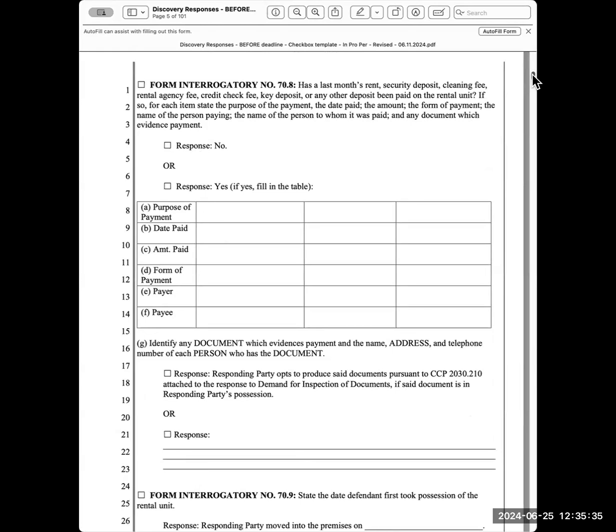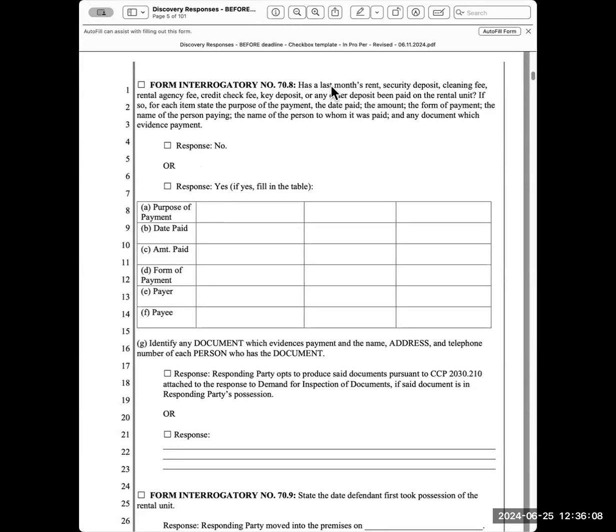This covers things like the last month's rent, a security deposit, a cleaning fee, rental agency fee, credit check fee, key deposit, or any other deposit paid on the rental unit. And so this question is asking, in addition to paying your first month's rent, did you also pay the landlord the last month's rent? And last month's rent is typically the very last month in the agreement.